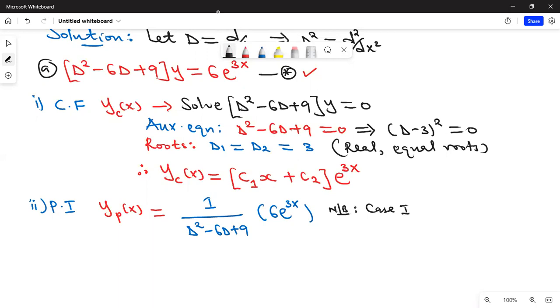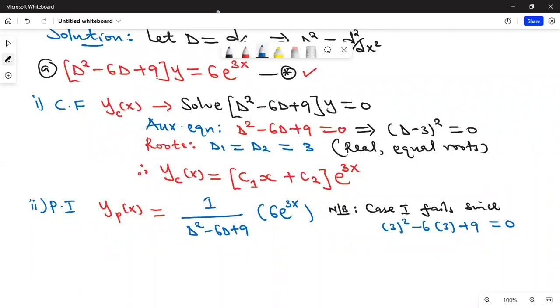Why are we saying fails? Because 3 squared minus 6 times 3 plus 9 is equal to 0. There's a division by 0 in the denominator, and so case 1 will fail. So we cannot use case 1.